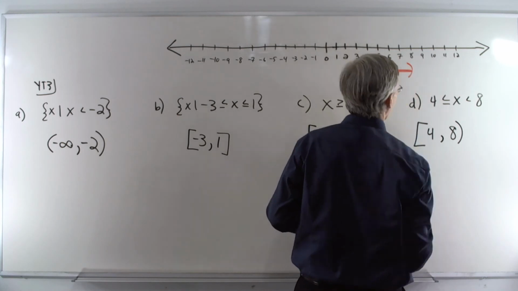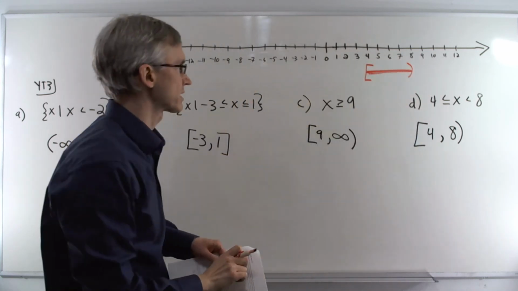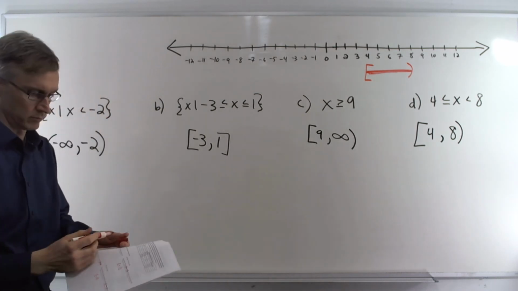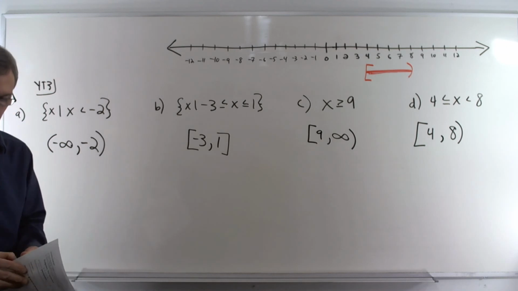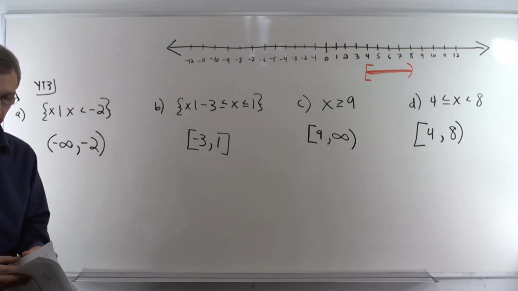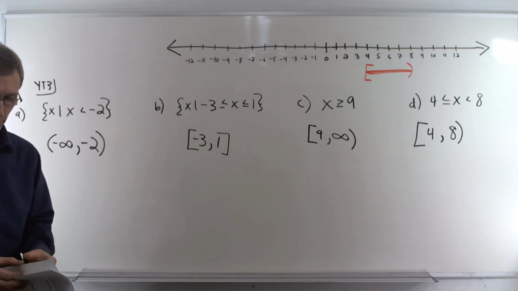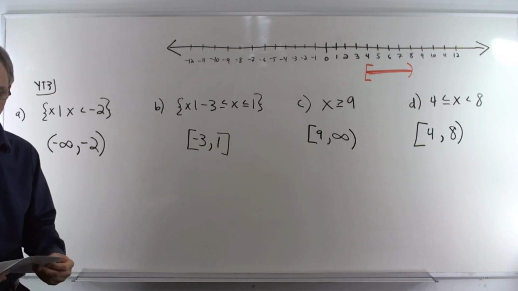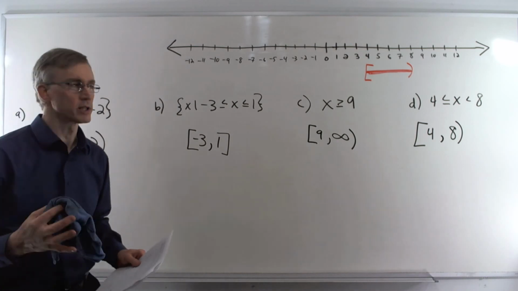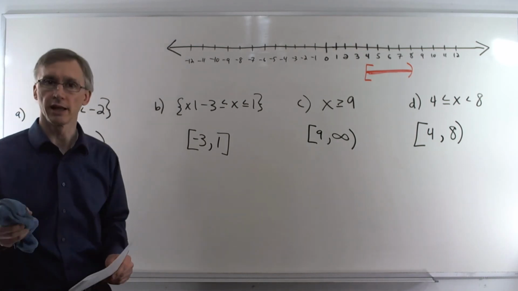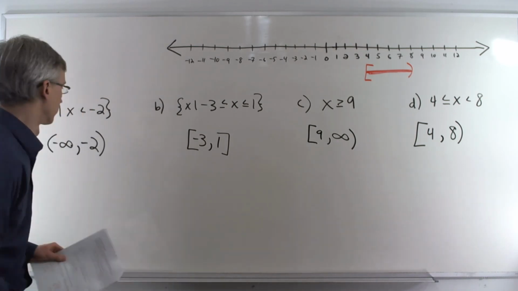So there's the graph for 4 less than or equal to x less than 8. So this is how we're going to represent the solutions to the inequalities that we're going to solve.